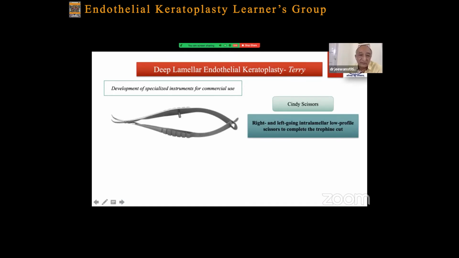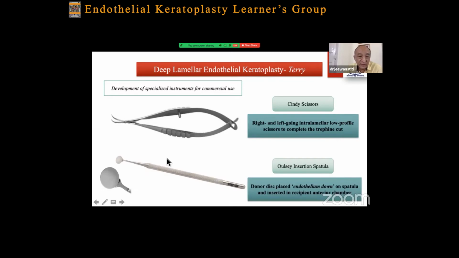Later, he described this long Cindy scissor, right and left hand, to cut this posterior dissected piece of stroma and endothelium. And this was the Busin insertion spatula, where the surface will be coated with the viscoelastic and the graft is to be inserted endothelial side down.